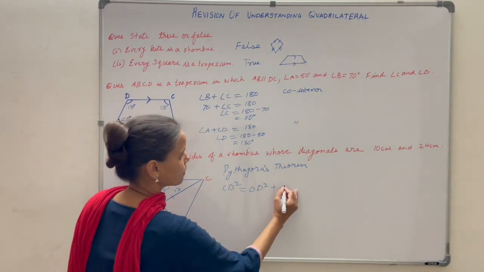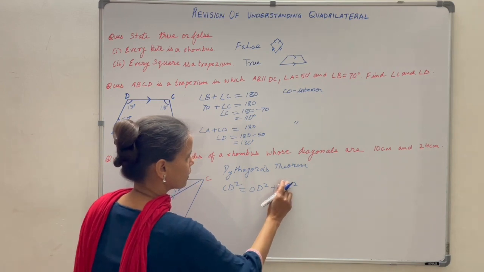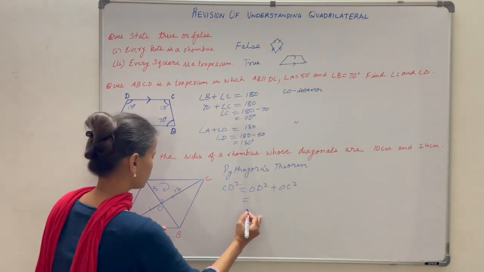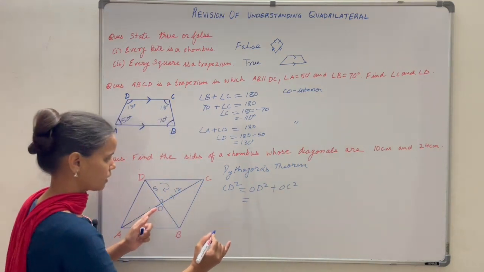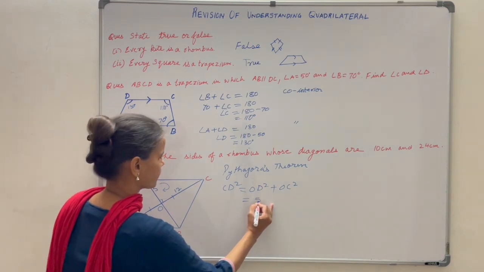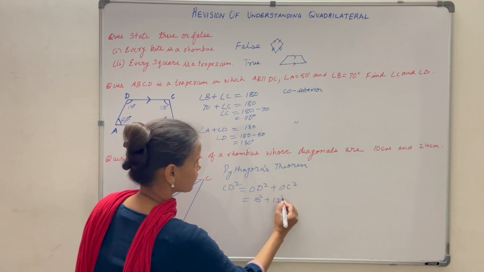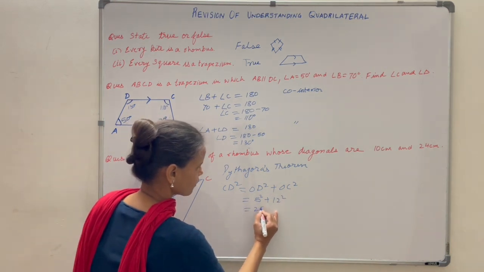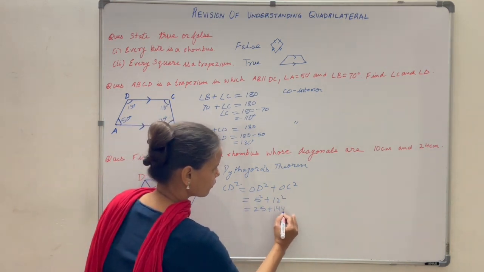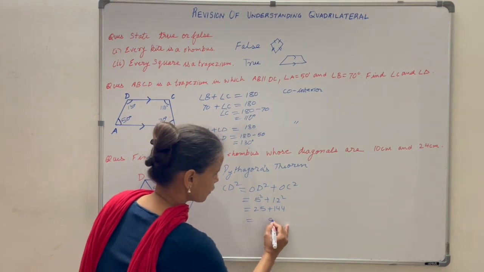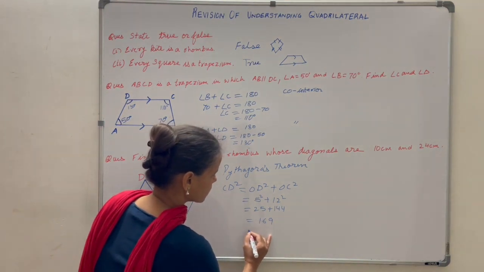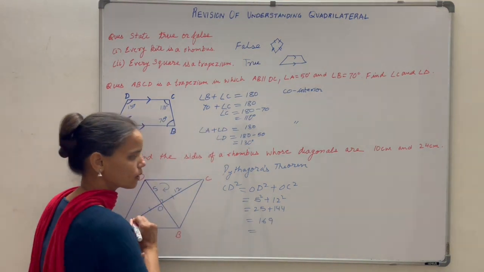So OD square plus OC square. So how much is OD? You can see OD is 5 and OC is 12. So this is 5 square plus 12 square. 5 square is 25, 12 square is 144, 25 plus 144 is 169. So CD square is 169.